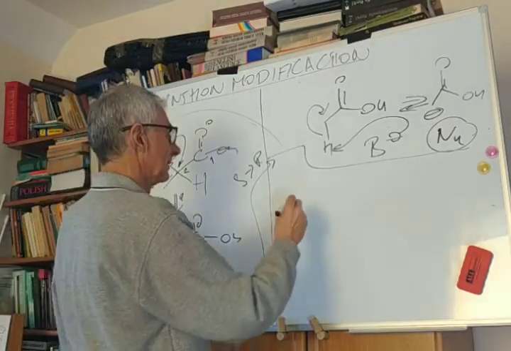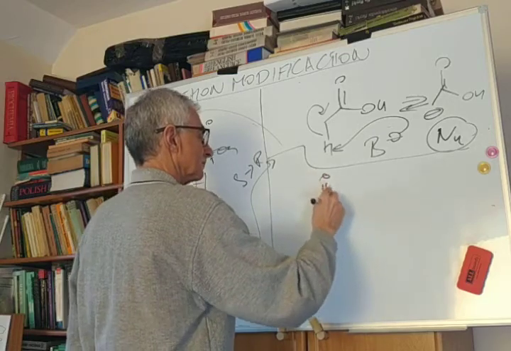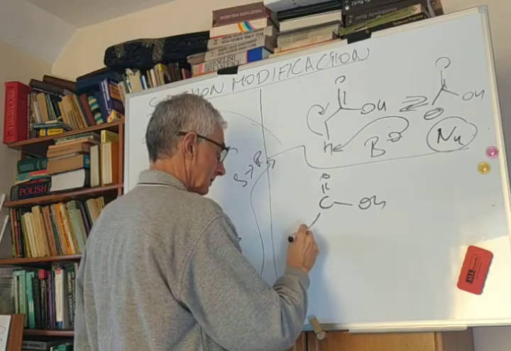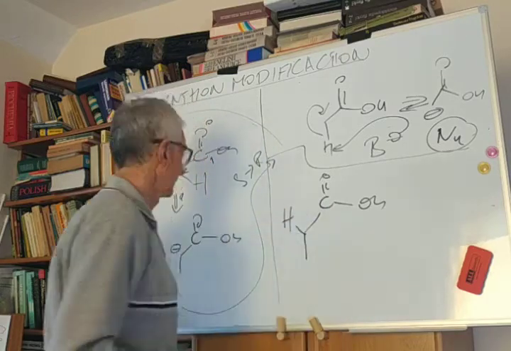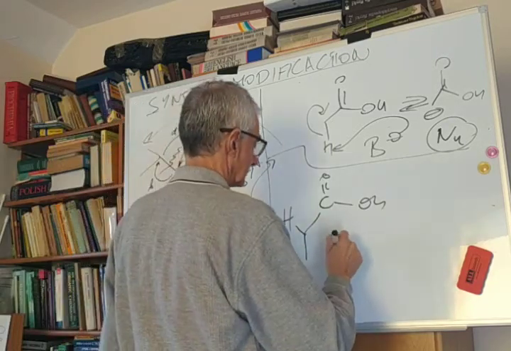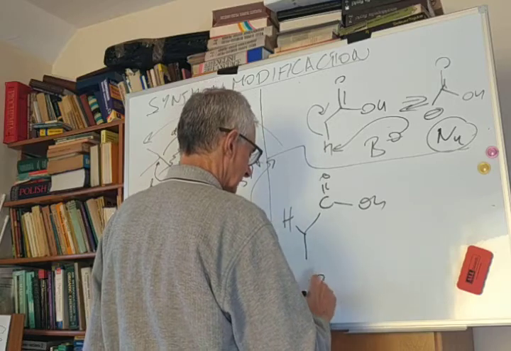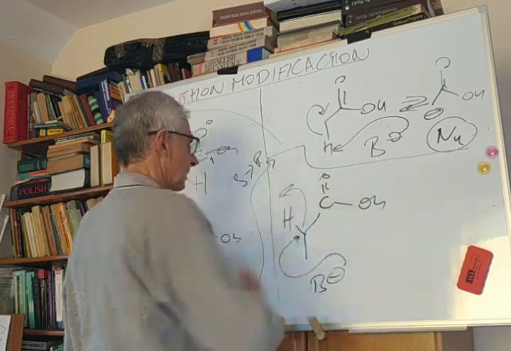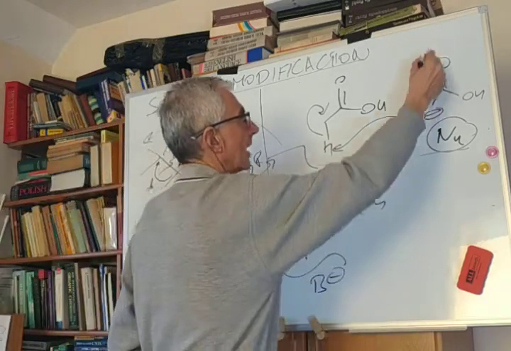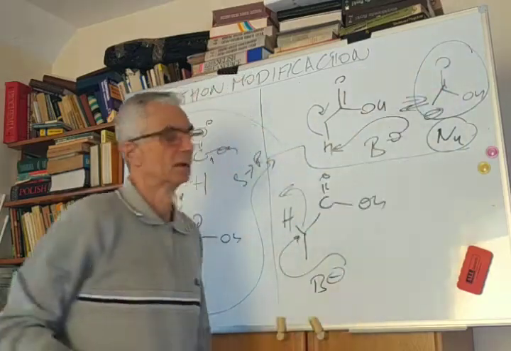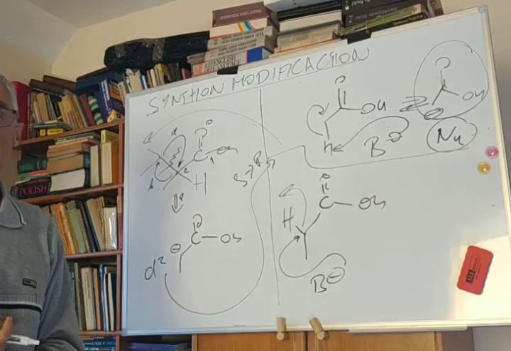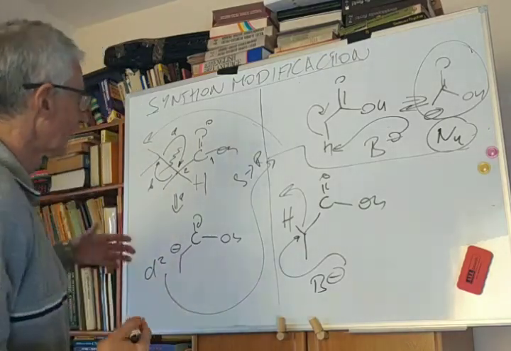So we need such a molecule with, of course, hydrogen here, and which under the influence of the base could simply obtain this kind of carbanion, which could be then alkylated by the chloride, alkyl chloride or bromide or iodide.